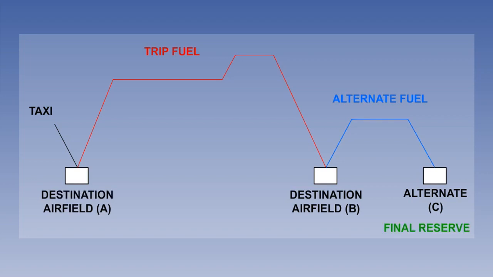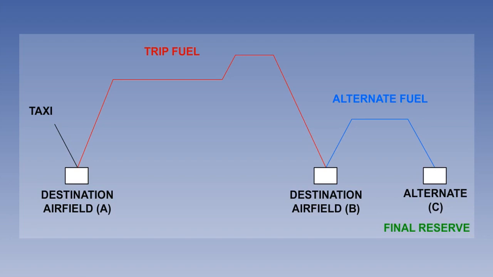Had we arrived at our destination, having used the contingency fuel, carried out a missed approach and flown to the alternate, we would have arrived with dry tanks. This is not acceptable. We therefore plan to land with a minimum amount of fuel still in the tanks. This is known as the final reserve fuel and should never be used, except perhaps in a dire emergency.